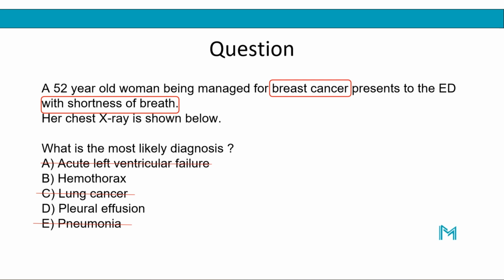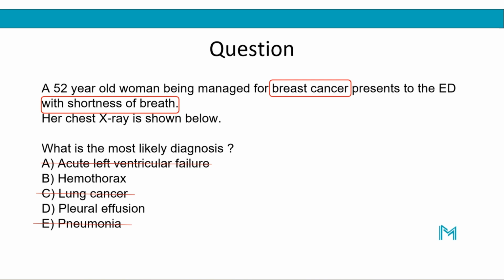Acute left ventricular failure. We'll also cross that out, because in left ventricular failure, whether it's acute or chronic, we will tend to have bilateral heart failure. It will tend to present with bilateral pleural effusion, even though sometimes the effusion is massive or is more on one side than the other. But in this case, it seems to be obviously effusion more on the left and just a very small amount on the right.